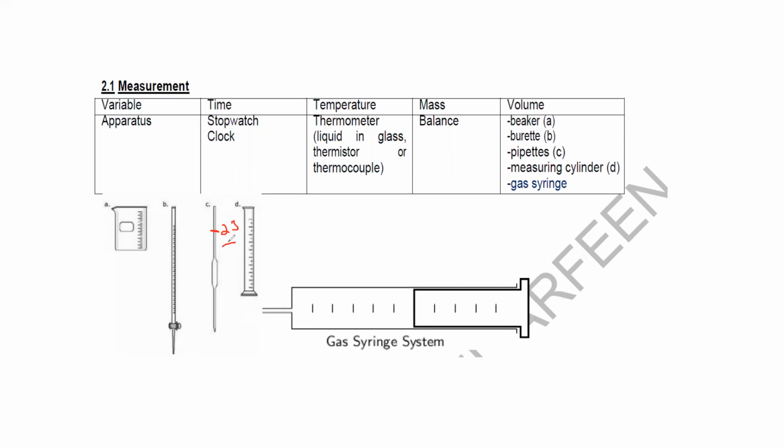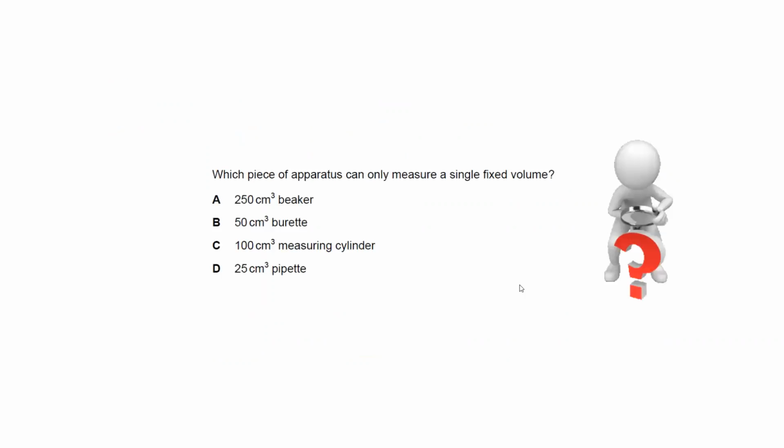There is no other marking on the pipette. So when we fill up this pipette and the volume of the liquid reaches this point, it means we have 25 cm cube of liquid. Is it clear to everyone why D is the right answer for this question?